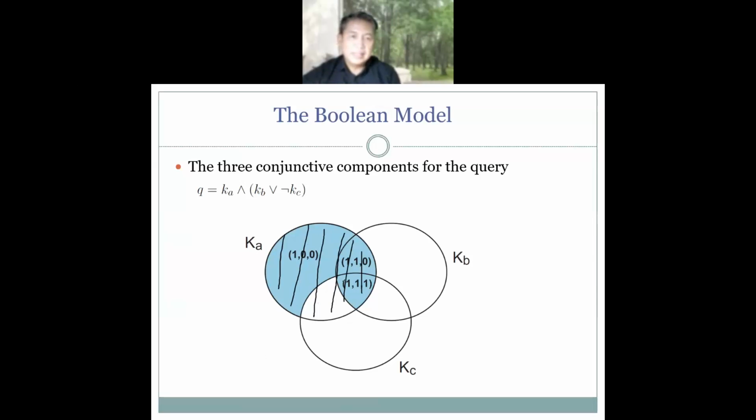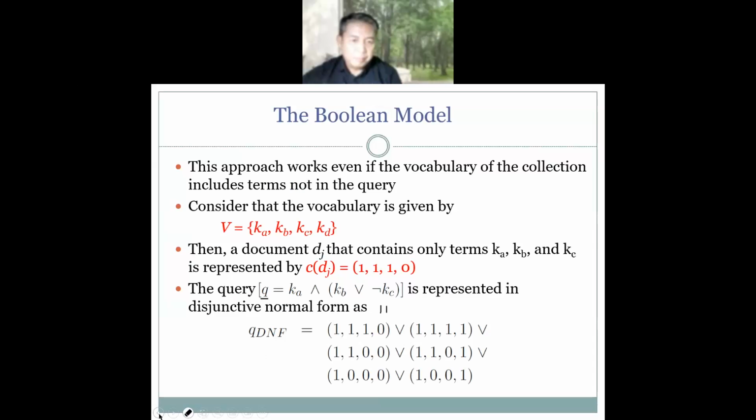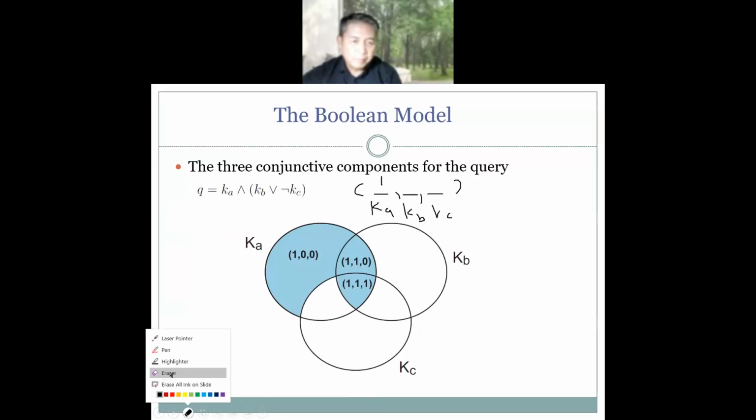Wherever you are in this circle, because your pattern is only this one, whatever is inside here in KA is 1, because this is KA, this is KB, this is KC. So when we have this one, this one, all the values are 1.